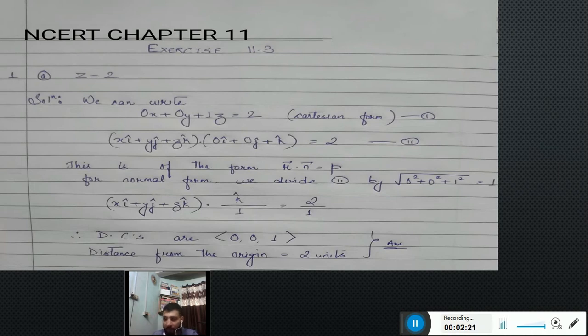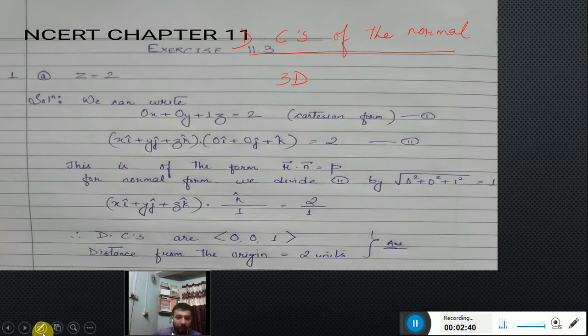So first thing, what is direction cosine? Direction cosine of the normal. If you refer to my first topic in the 3D videos, that was equation of a plane in normal form, right?